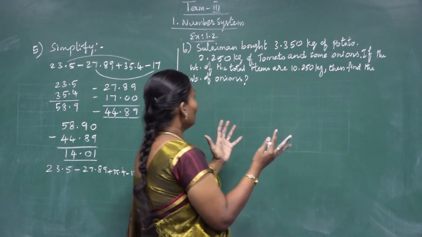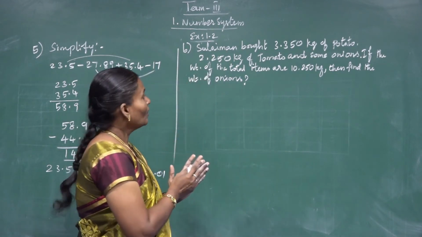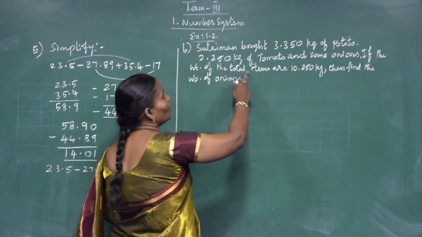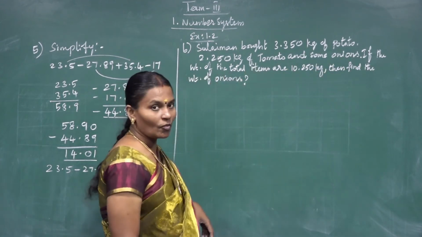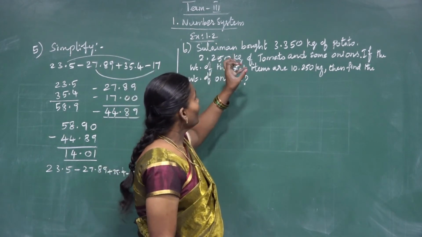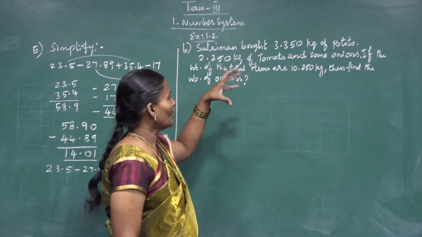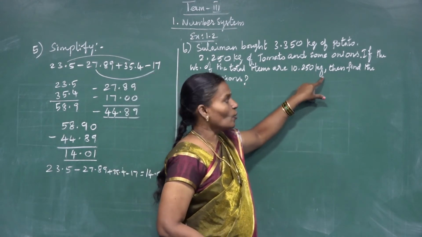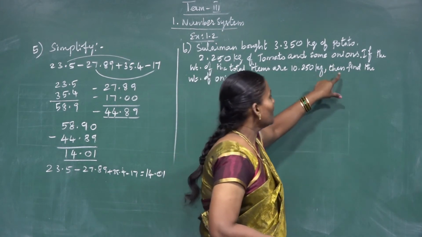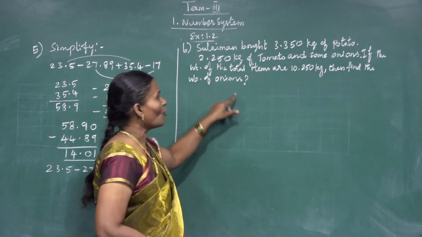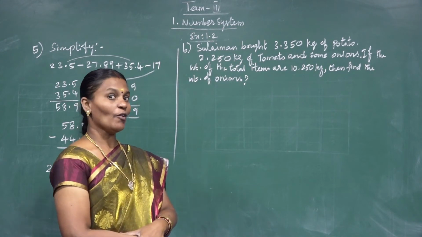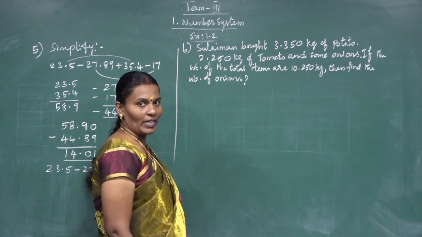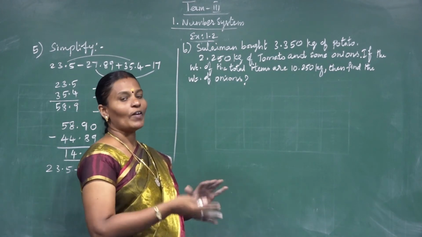The weight of the onions is not given. If the total weight of the items, potato, tomato and onions, is 10.250 kilograms, then find the weight of onions. That is what you have to find out.